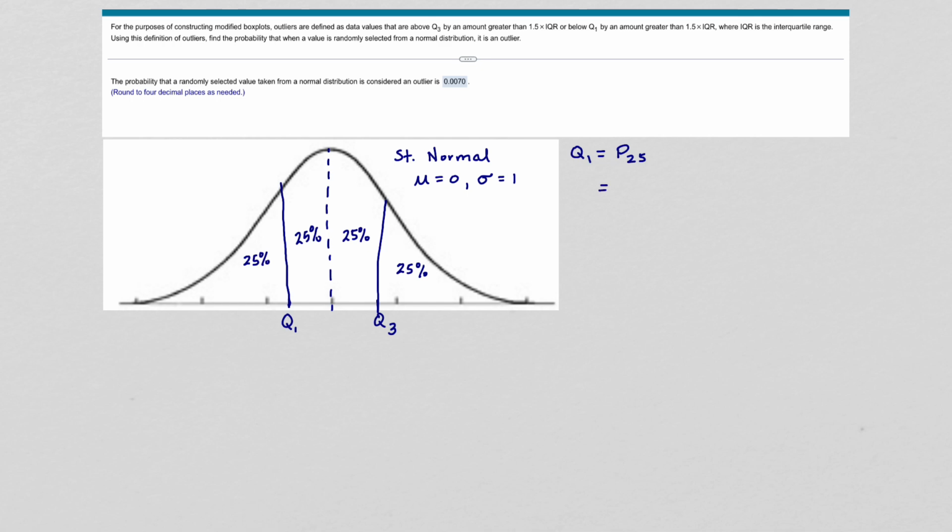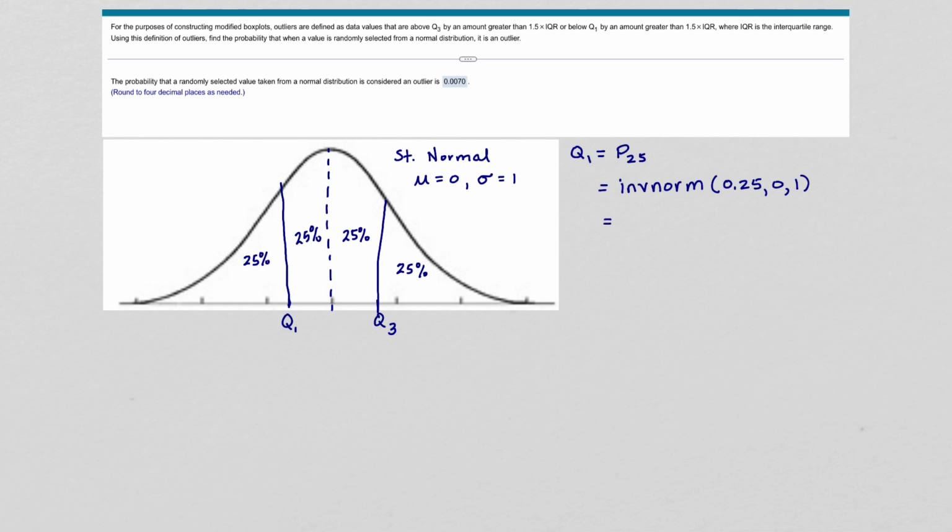So I can calculate this by using inverse norm, 0.25, mean is 0, standard deviation is 1. And honestly, you could use any mean and standard deviation that you wanted to in this problem, and you'll get the same result as long as you keep the mean and standard deviation the same.